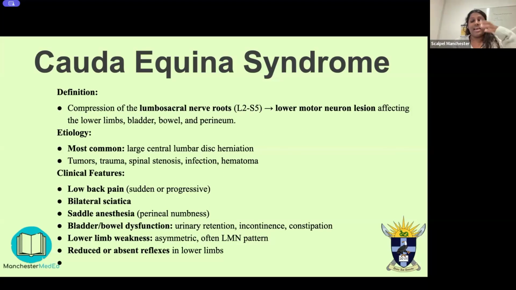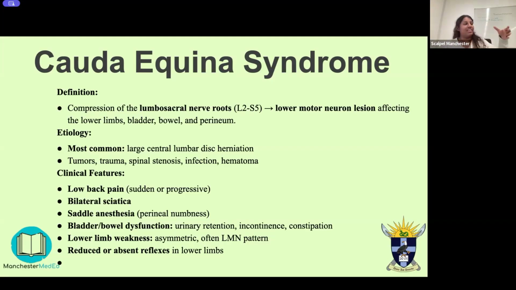How I like to think about it is hips down, it affects everything. Fun fact, the reason it's called cauda equina is because the L2 to S5 roots represent the horse's tail of the spinal cord. Equine is horse.